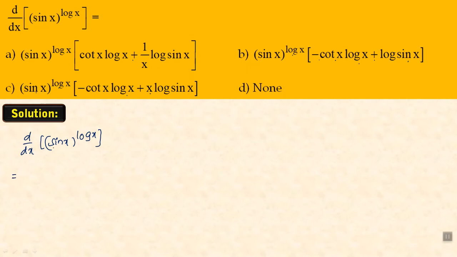is equals to, here consider sin x as f of x, log x as g of x.